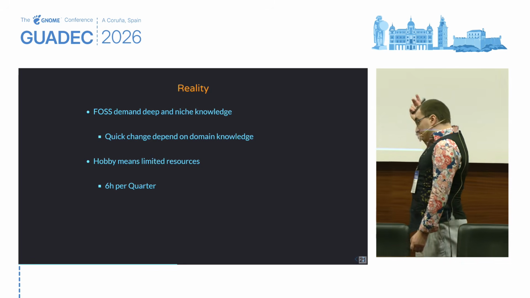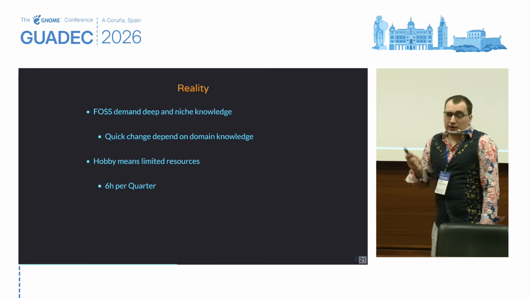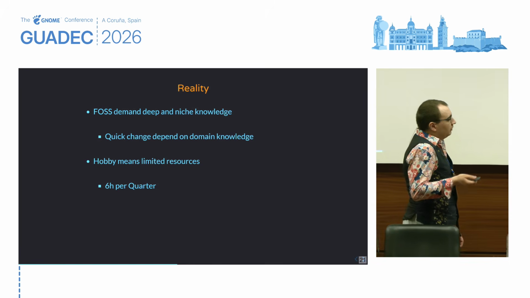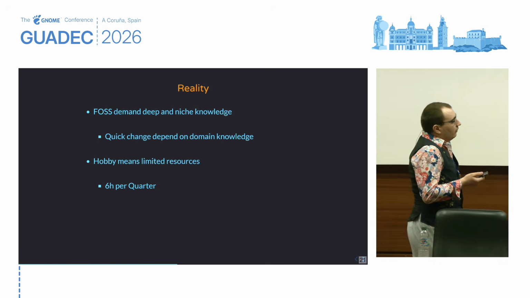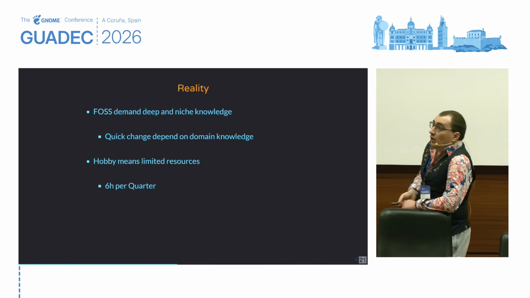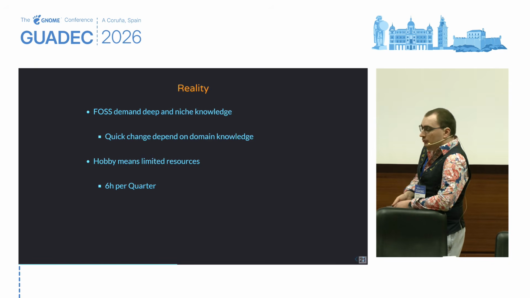Most of them are hobbyists. We know that. We saw that before. Hobby means free, right? They're doing it for free, as in beer. They're not paid for it. But it also means they do it in their free time, which means a really, really limited amount of resources. From every study I've seen and every discussion I've had with maintainers, a good average is 6 hours per quarter, 2 hours per month, 30 hours a year, approximately, or less than that, but it's a good approximation.